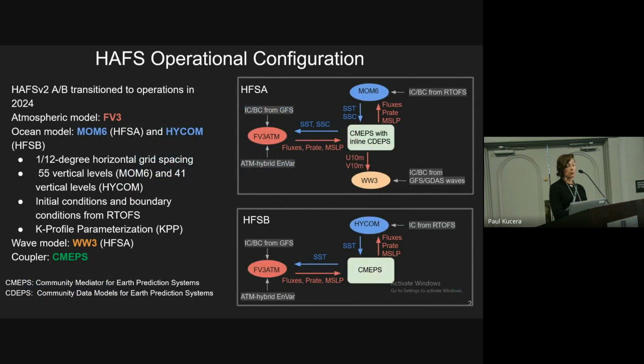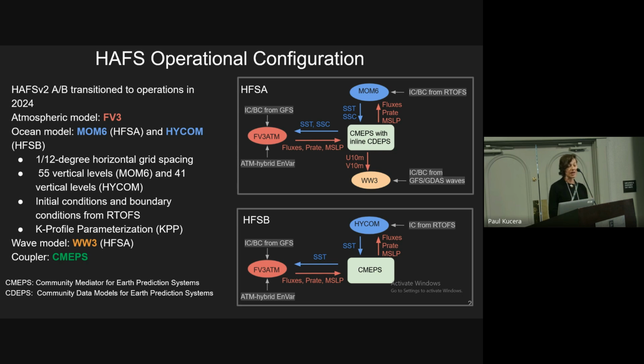I'm going to start with a very brief description of the ocean and wave components in the HAFS operational configuration. As we know by now, HAFS comes in two flavors, HAFS-A and HAFS-B. HAFS-A is coupled to the MOM6 ocean model, while HAFS-B is still coupled to HYCOM.